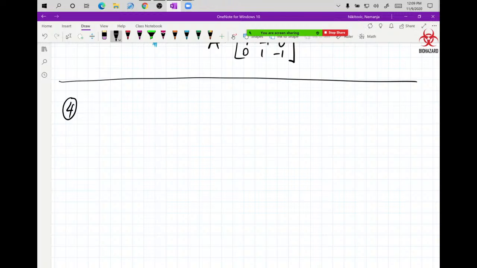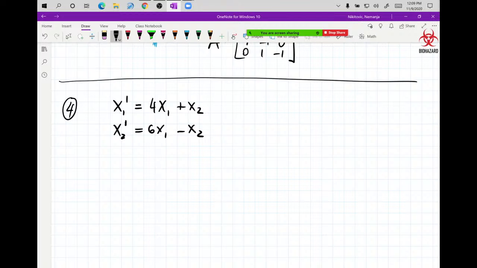So it has x1 prime equal to 4x1 plus x2, and x2 prime equal to 6x1 minus x2. So that's our system.